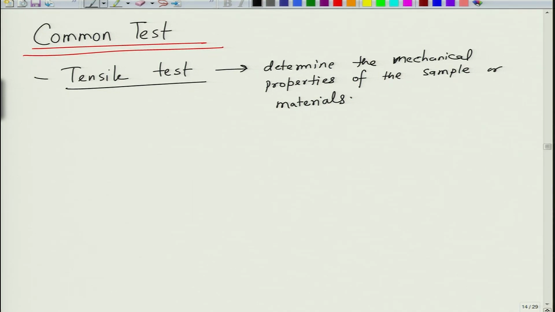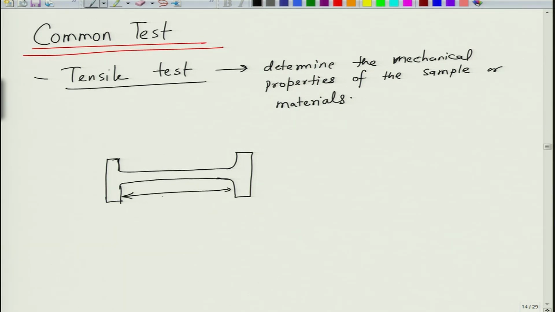So, basically it is a laboratory based experiment where we prepare the sample in this fashion. So, you have a sample like this, it is this kind of sample, and this portion is what we call the gauge.